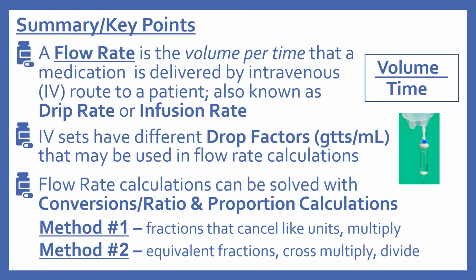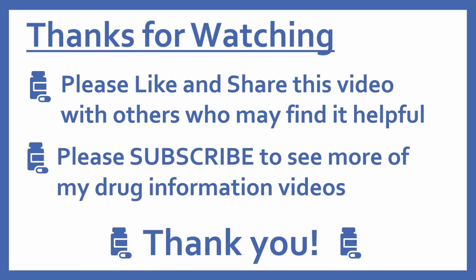And flow rate calculations can be solved with conversions and ratio and proportion calculations. So you can use method 1, where we set up fractions that cancel like units and then multiply to get the answer. Or you can use method 2, where you set up equivalent fractions, then cross multiply and then divide to solve for x.